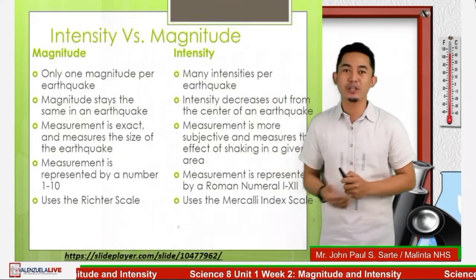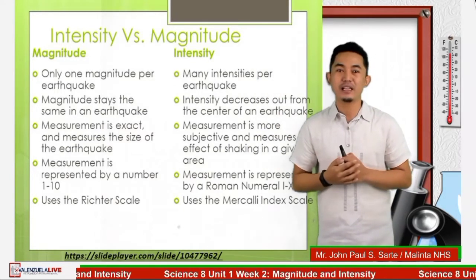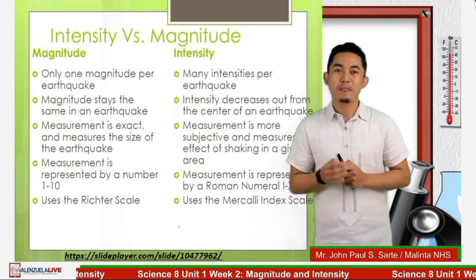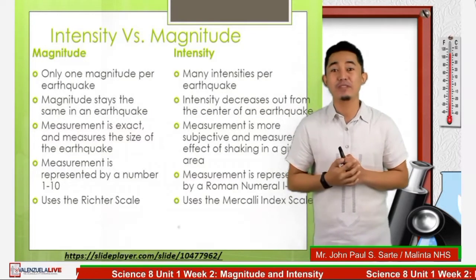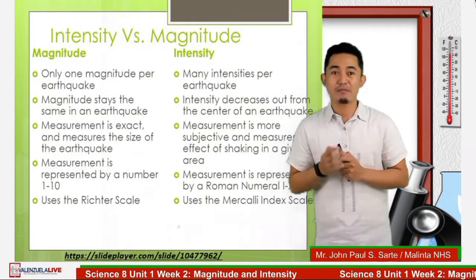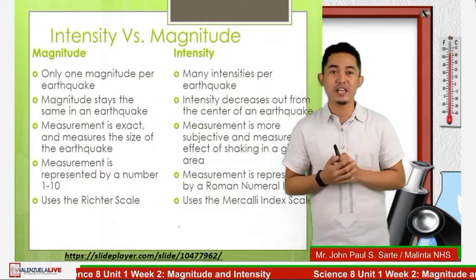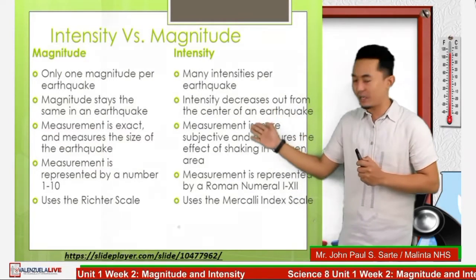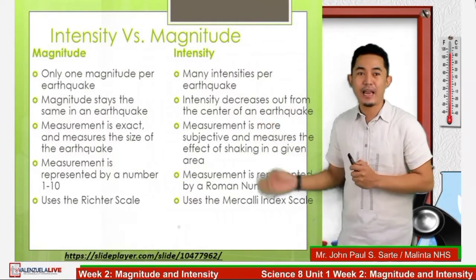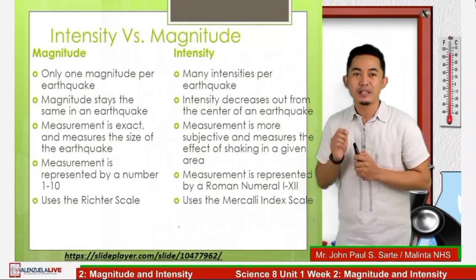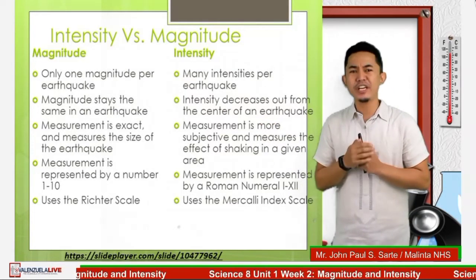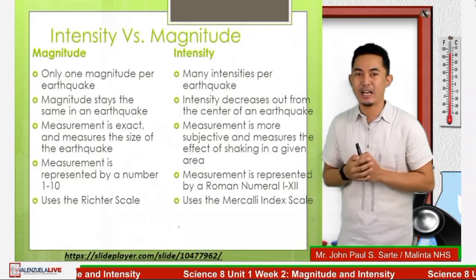Also, in magnitude, the measurement is exact and measures the size of the earthquake. While in intensity, measurement is more subjective and measures the effect of shaking in a given area.